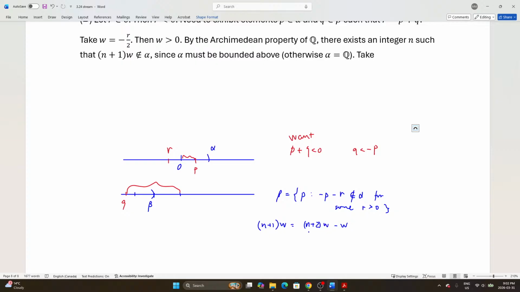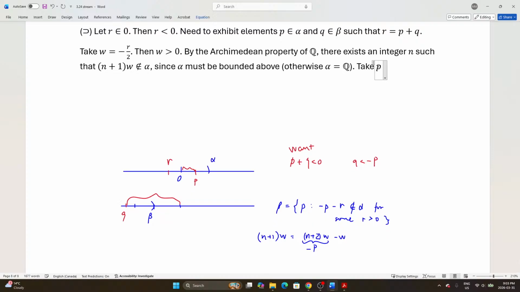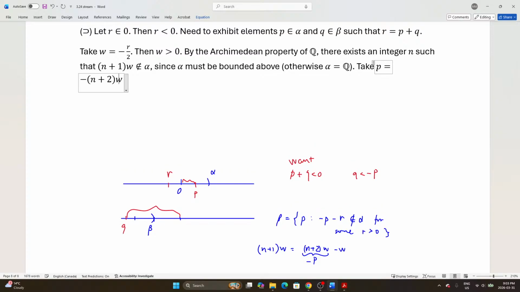And m plus 2W is my minus P. So basically we constructed the P. Take P equals minus (m plus 2W), then we verify the property of P: minus P minus W is equal to m plus 1 W, exactly as we designed, which is not in alpha.